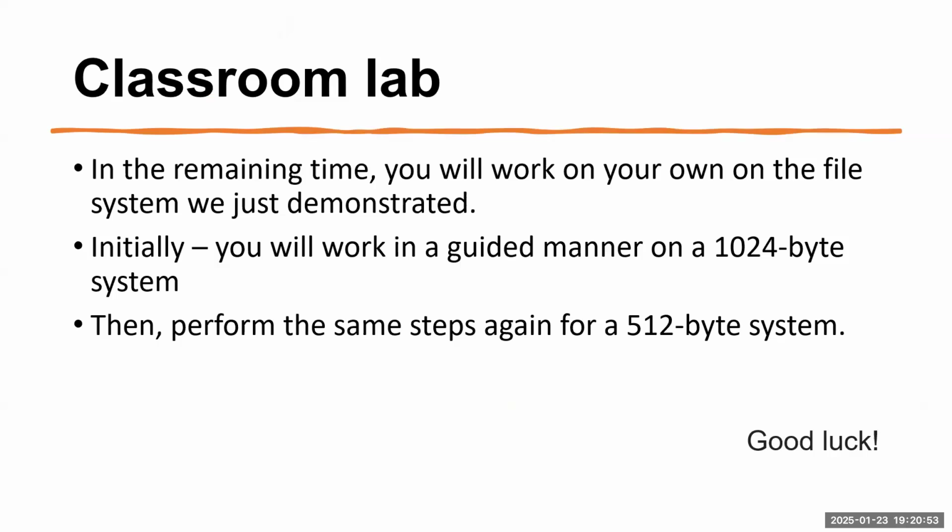In the remaining time, you will work on your own on the file system we just demonstrated. Initially, we worked in a guided manner. Then perform the same steps again for a 512-bit system.